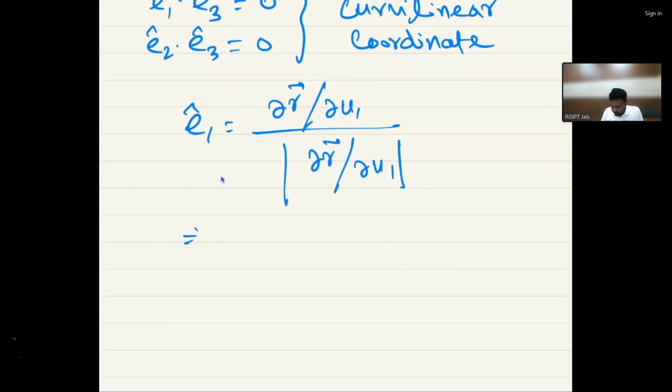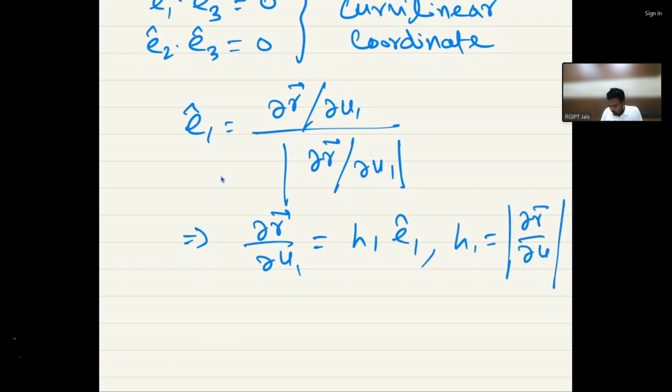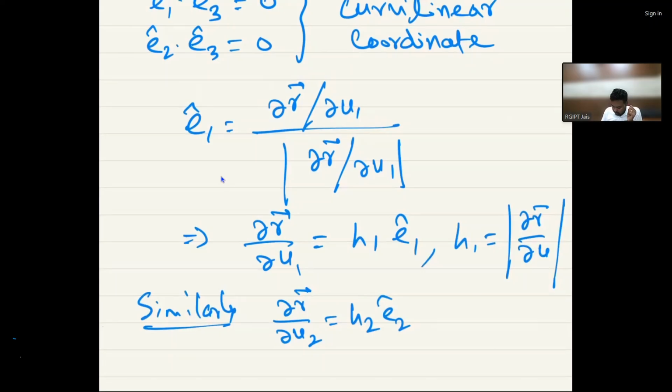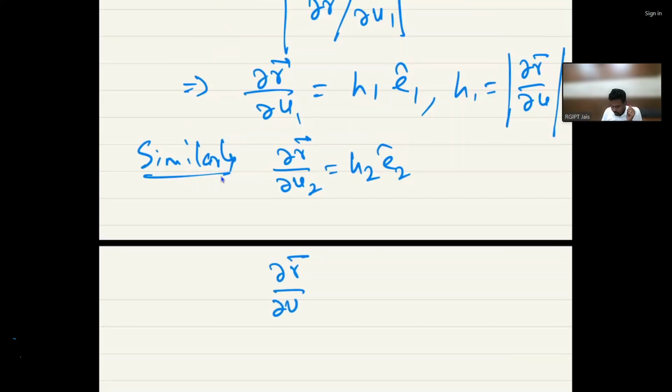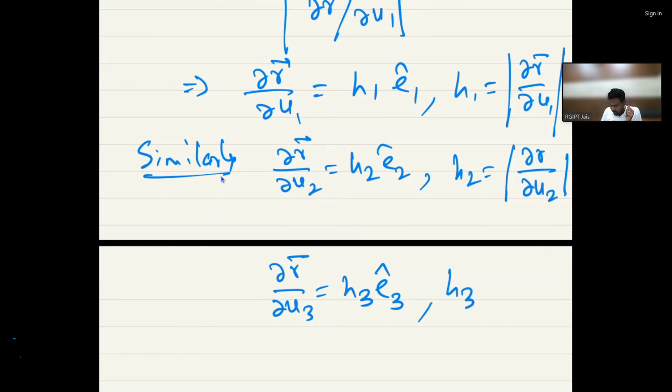And we can write del r by del U1 equal to H1 E1 cap, where H1 is the mod of del r by del U1. Similarly, del r by del U2 equals H2 E2 cap, and del r by del U3 equals H3 E3 cap, where H2 is mod of del r by del U2 and H3 is mod of del r by del U3.